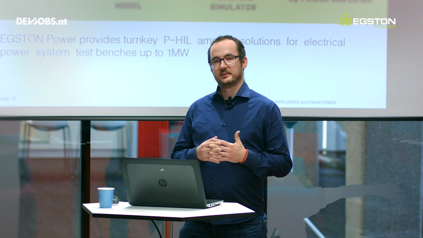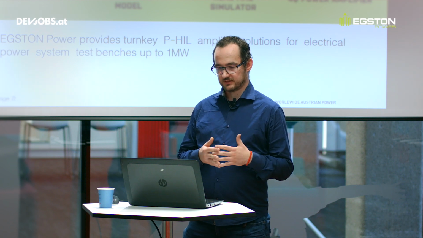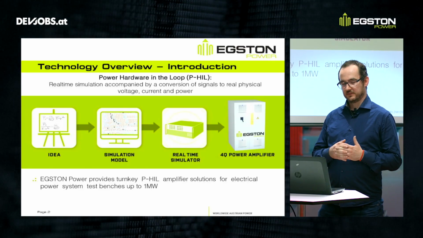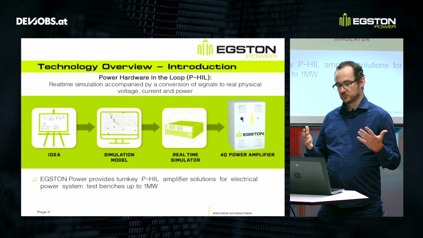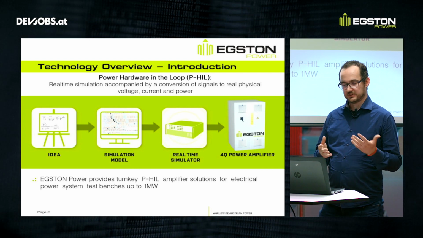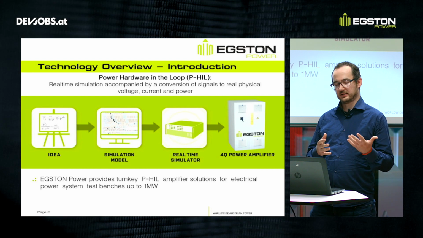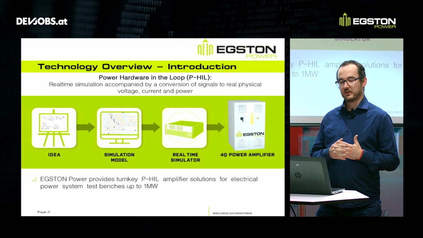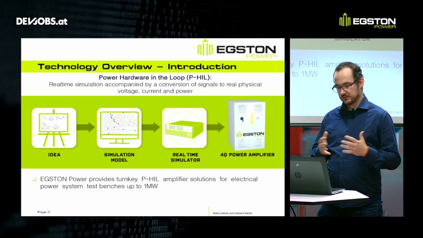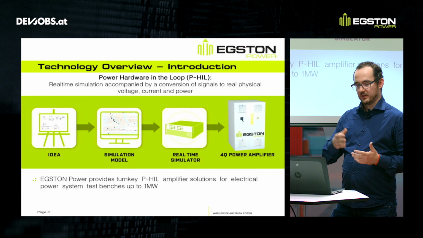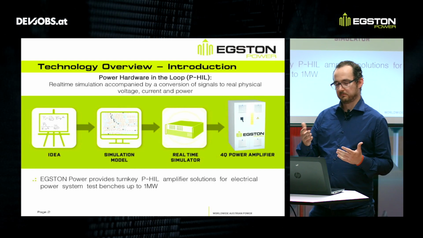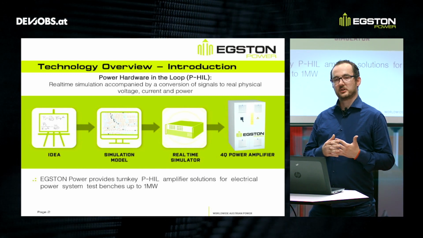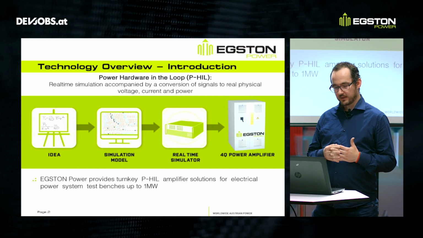In order to understand in a better way what power hardware in the loop is, there is a simple illustration here. In a classical development cycle, when an R&D team wants to develop something like an inverter or any other device in power electronics, usually the classical flow is to start with an idea, go to a simulation model, simulate it and validate the model, then probably also speed up the simulation by means of using the real-time simulator.